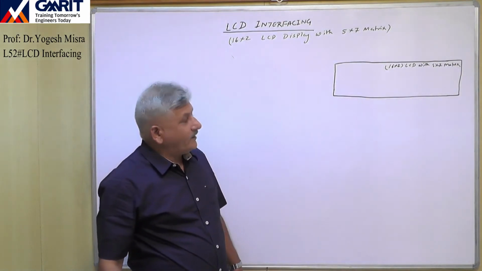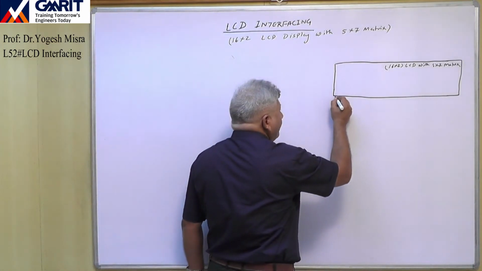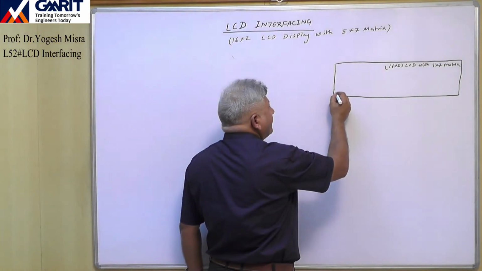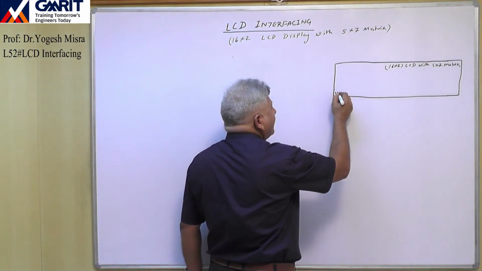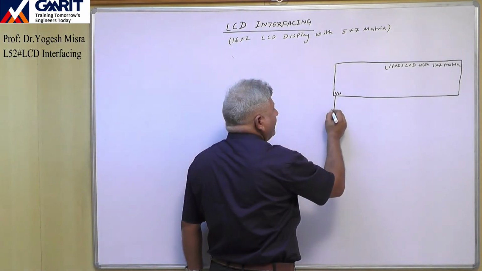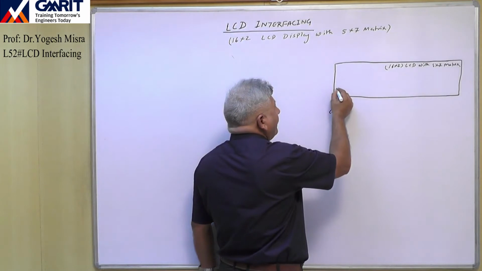Now in this LCD there is pin number 1, and this pin is designated as VSS and used for ground. You can write here, used as a ground, pin number 1.